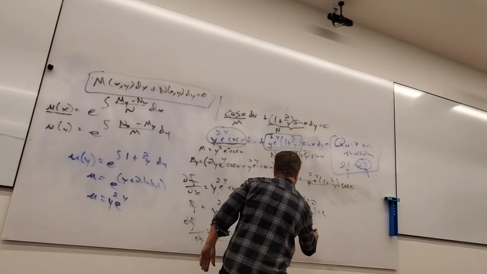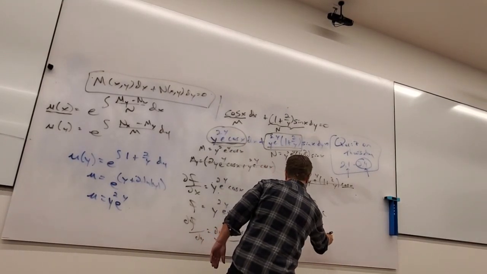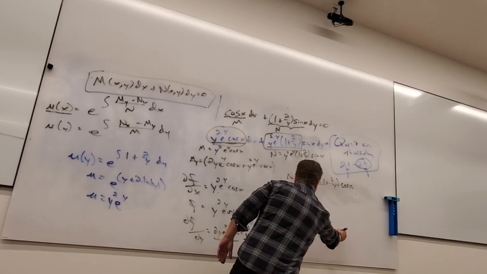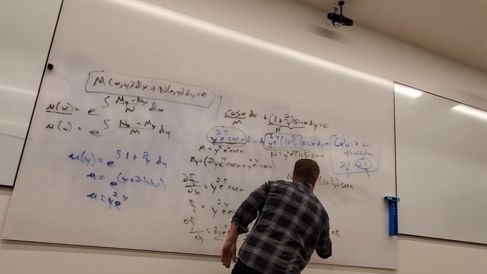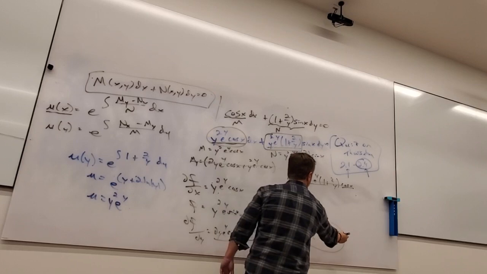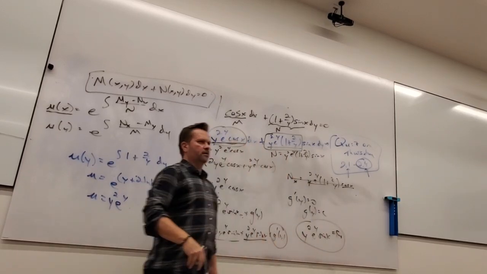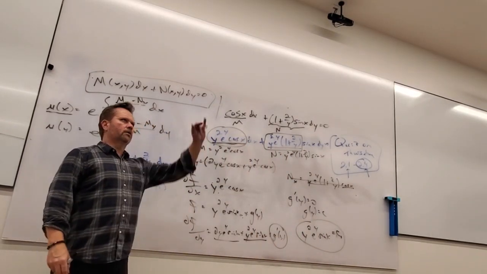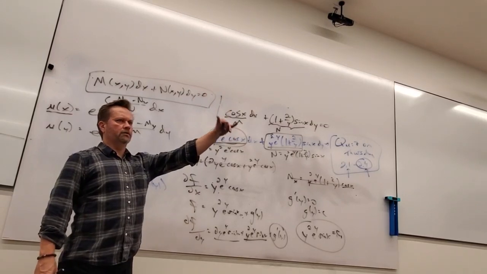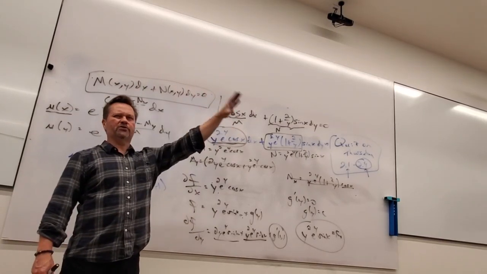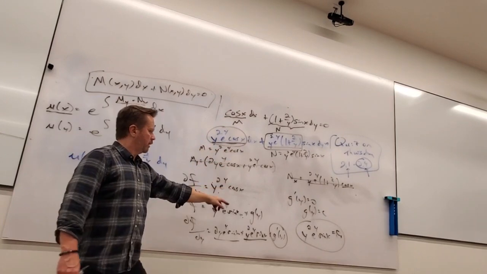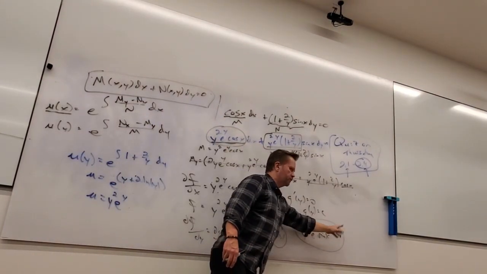So I get y squared e to the y sine x equals c. We can make it c1 just to be careful. Okay. Your form for any exact solution is going to be an f of x, y equals c. So you're determining what f of x, y is, and then you're setting it equal to a constant.